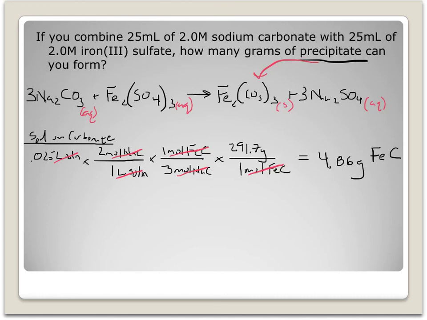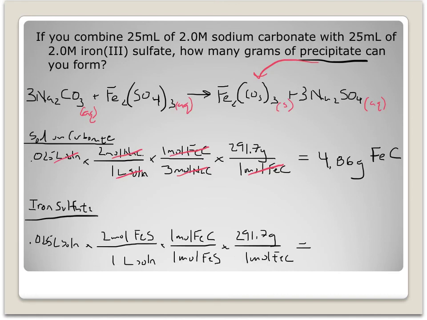We need to do the same thing, but this time with the iron sulfate as the starting ingredient. Once again, go ahead and pause the video and you can try that one, or you can just wait a couple seconds if you've already done it, and it'll pop up here. And there it is. Once again, we've set it up very similar in process.